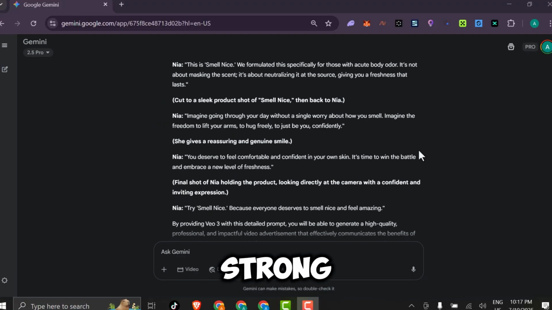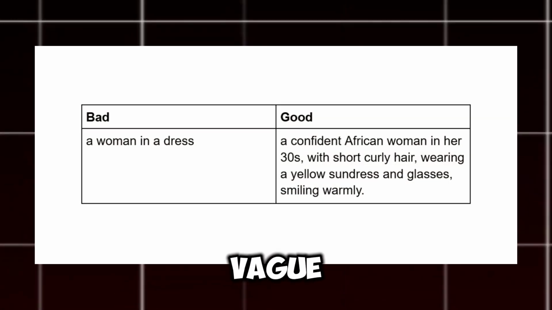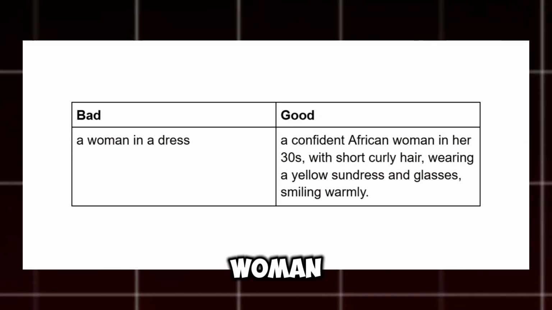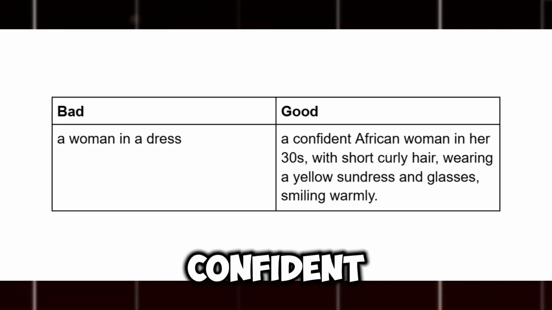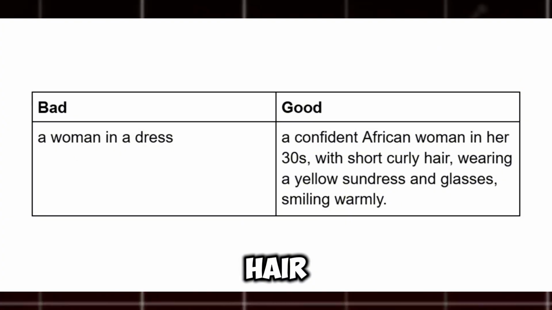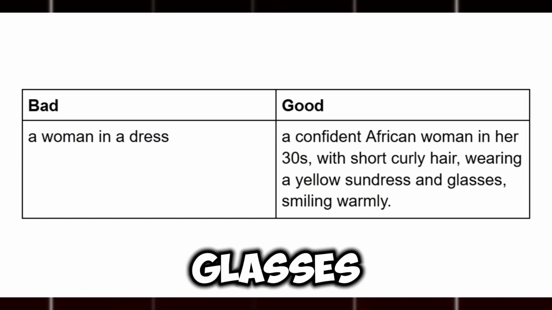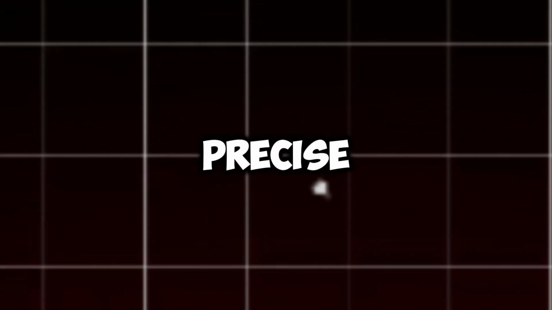A strong, detailed prompt gives you control. Instead of vague descriptions like, a woman in a dress, you'll need to be specific. A confident African woman in her 30s, with short curly hair, wearing a yellow sundress and glasses, smiling warmly. The more precise you are, the better your results.